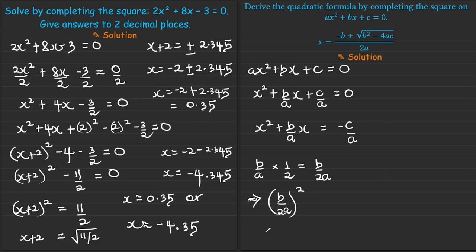If we are to do that, then we have x squared plus b over a x, then plus b over 2a all squared is equal to negative c over a, that is from here, and then plus b over 2a all squared.